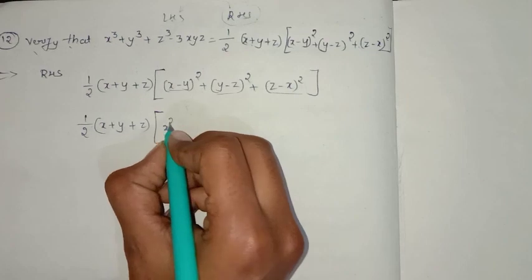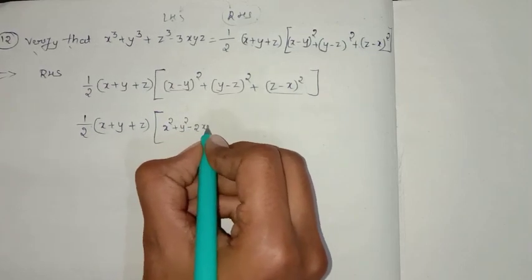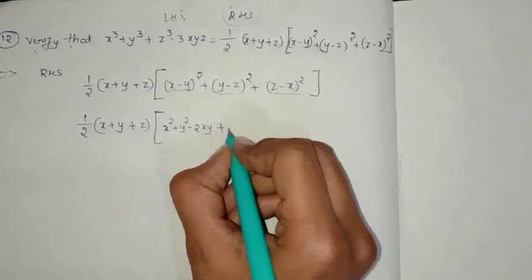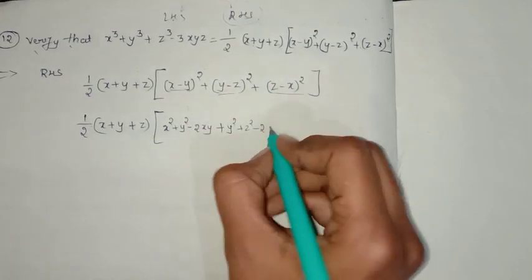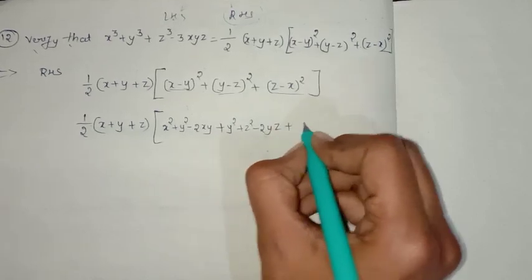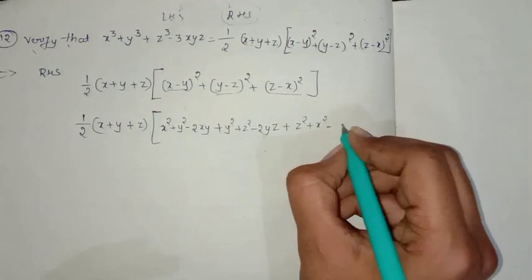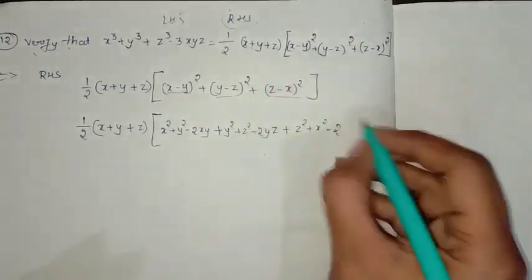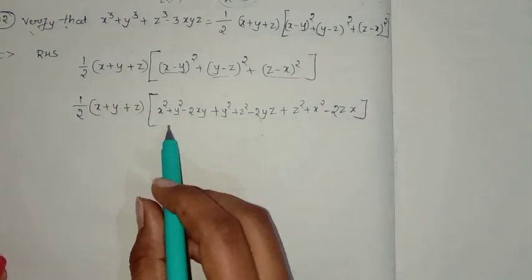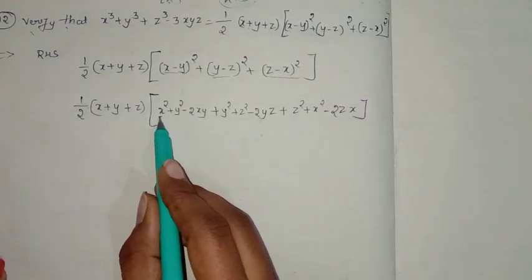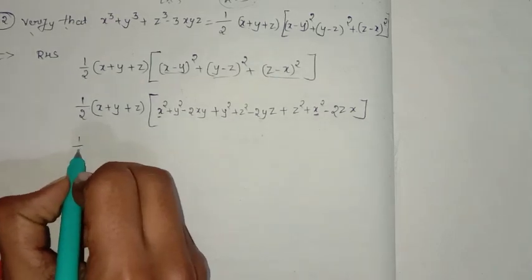That means x square plus y square minus 2xy, plus y square plus z square minus 2yz, plus z square plus x square minus 2zx. I will not explain the formula because you have already studied that. Now there are some similar terms you can observe: x square, here also x square, y square, y square. So we will combine all those.